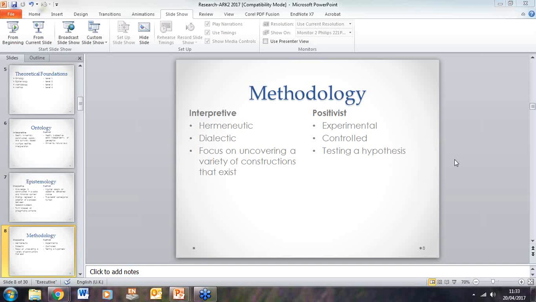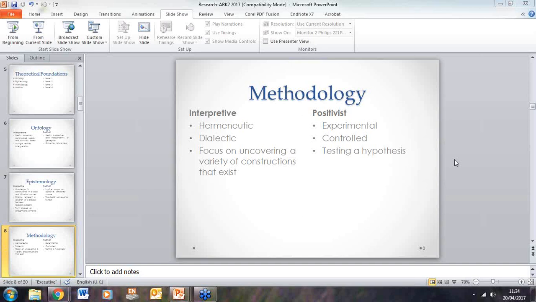Your methodology would be interpretive, because your purpose is to uncover a variety of constructions. You're not expecting to come up with one answer when you do a piece of interpretive research. There will be a series of answers and responses which might fall into certain themes or narrations that you can link together.